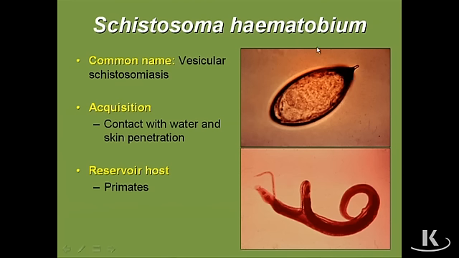So Schistosoma haematobium, with a T, haematobium terminal spine. That's how you're going to remember which egg goes with which of the schistosomes. How do you acquire them? The same way that you acquire the others, penetration of intact skin. In this case, the vesicular schistosomes, the hosts are primates rather than livestock and domestic animals.